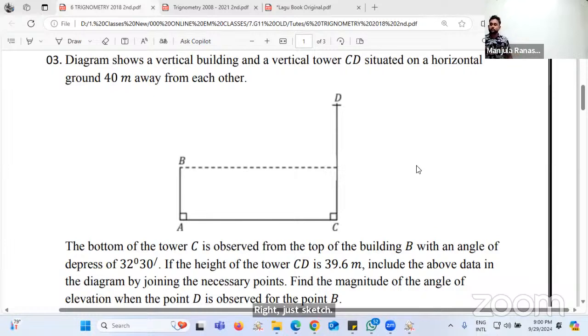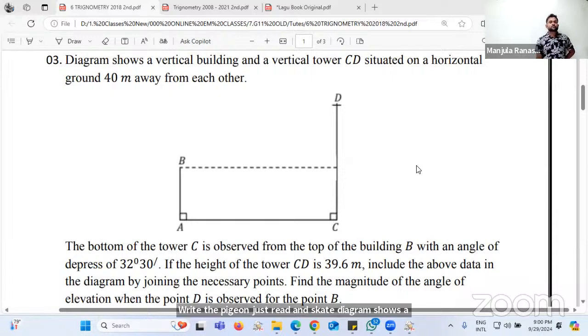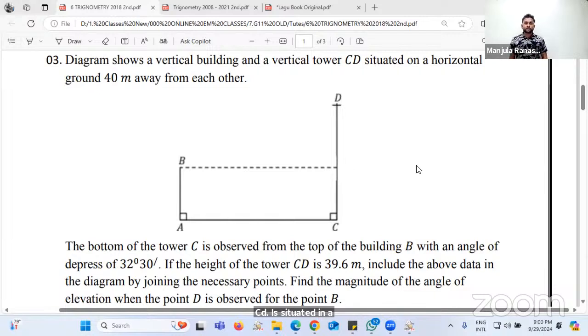No need to write the question. I will share this tutorial with you. No problem. Don't waste time writing the question, just read and sketch. The diagram shows a vertical building and a vertical tower CD situated on horizontal ground 40 meters away from each other, right? So that is fine.